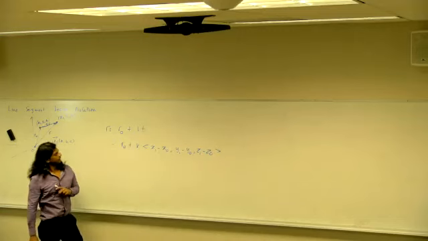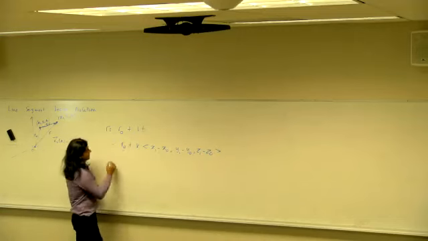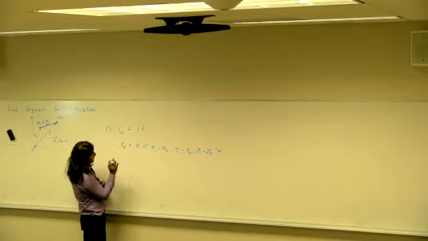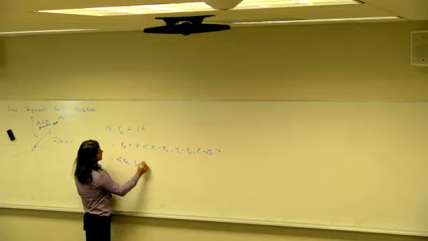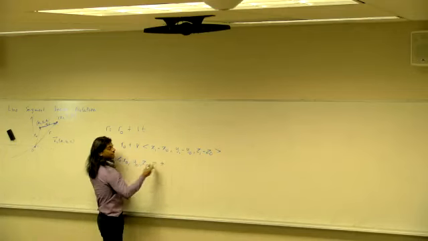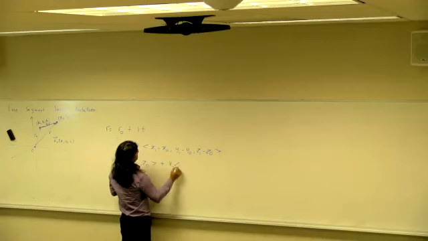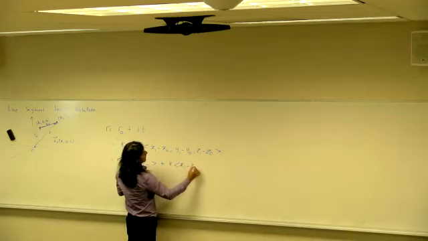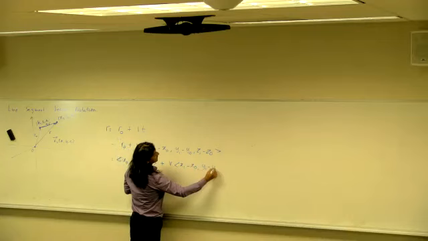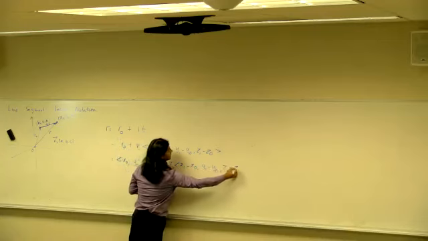Good. And I can rewrite this as R0, which simply is X0, Y0, Z0, plus T times X1 minus X0, Y1 minus Y0, Z1 minus Z0.